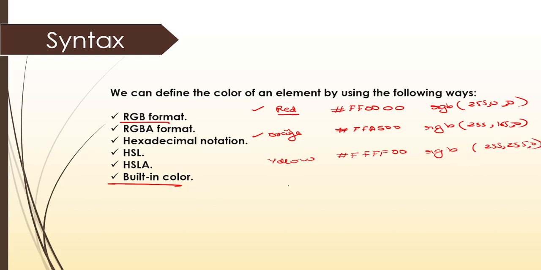If you want aqua color, meaning light blue, its code is #00FFFF, and its RGB code is 0, 255, 255. Remember one point, we have three colors: red, green and blue, that is RGB.